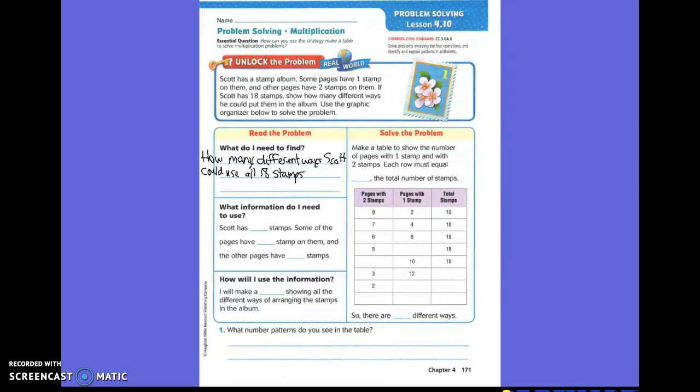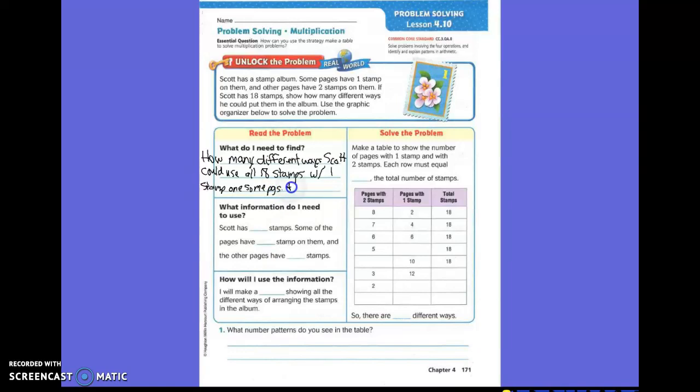With one stamp, when I write with, I'm going to just make a W and a slash. Okay, so I don't have to write the whole thing so that I have more time and room to write. With one stamp on some pages, and when I write pages, I'm going to write PGS, an abbreviation, okay?